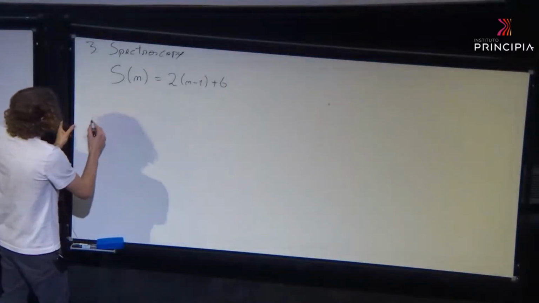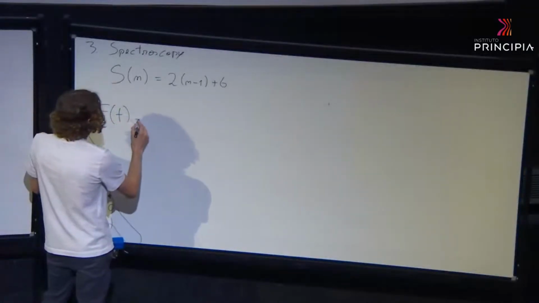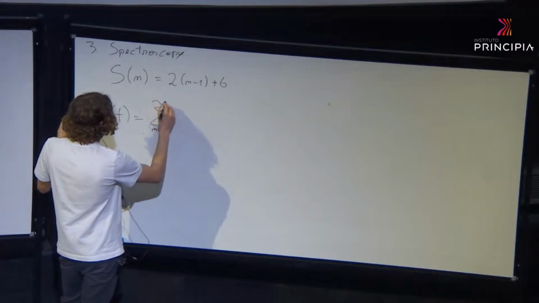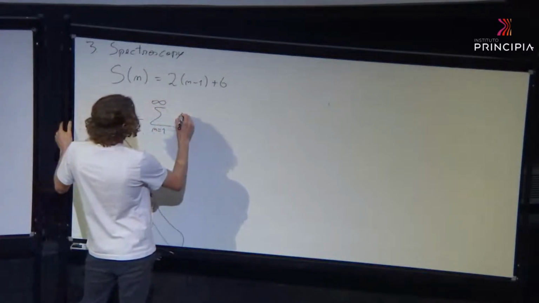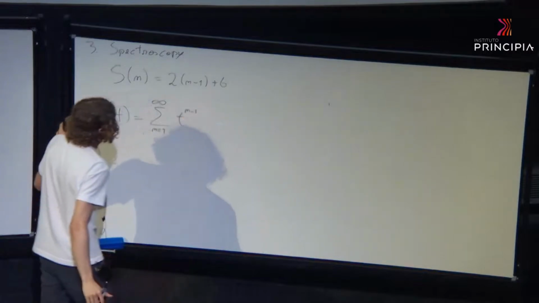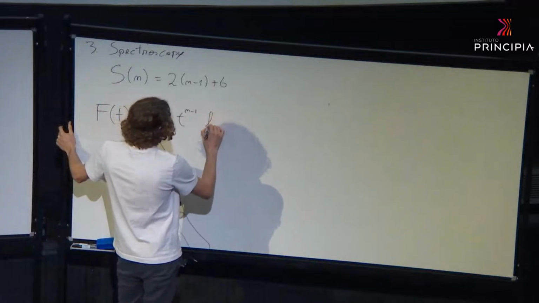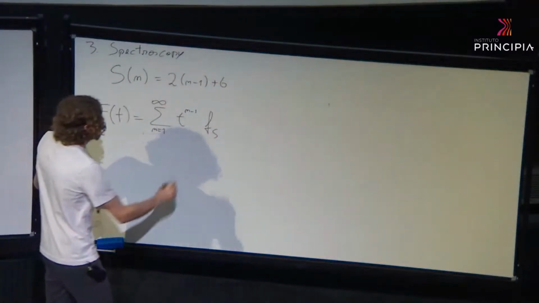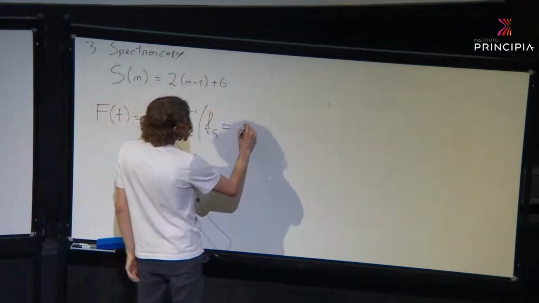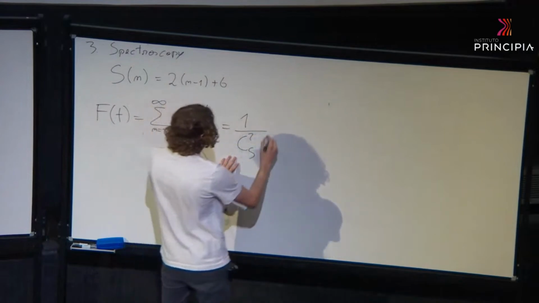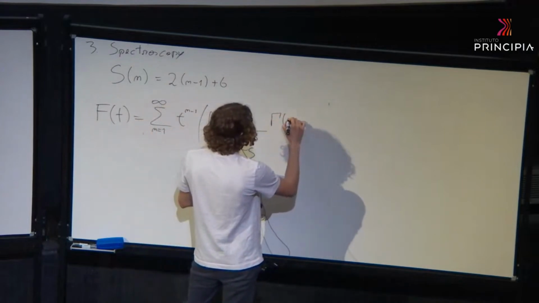And let's define a generating function, f of t, where we sum over all operators in the trajectory, n goes from 1 to infinity. We construct a power series, t to the n minus 1, where the coefficients f of s, and s you should understand as a function of n through this, is equal to the inverse of the square of the structure constant times some gamma functions.